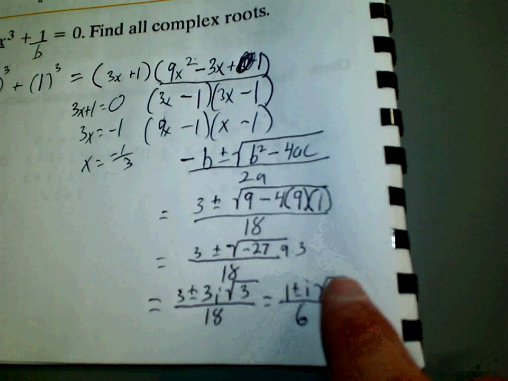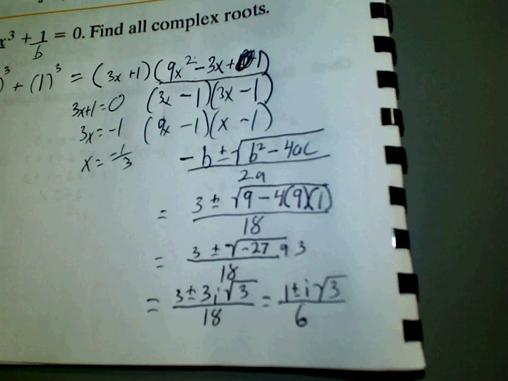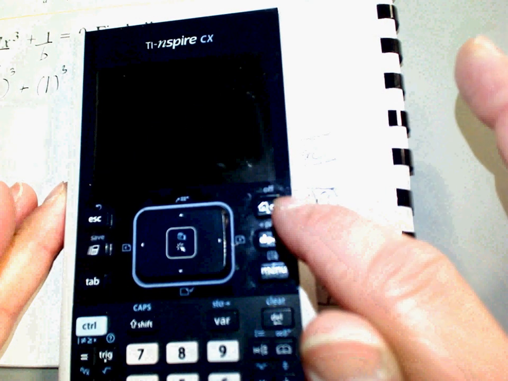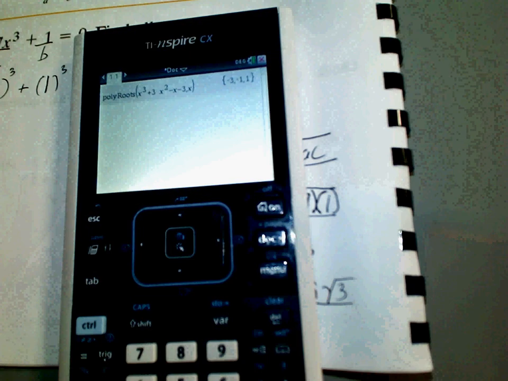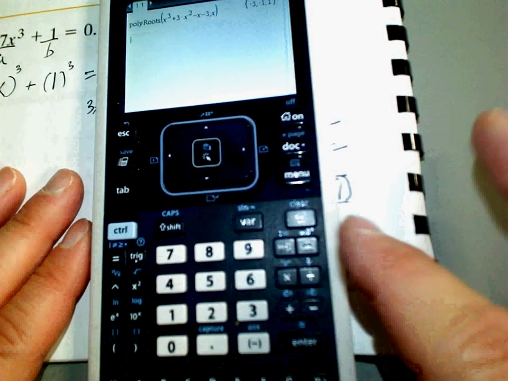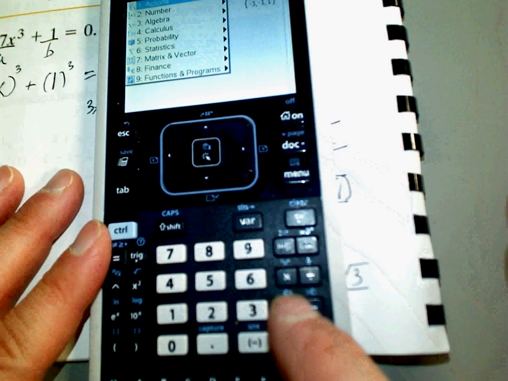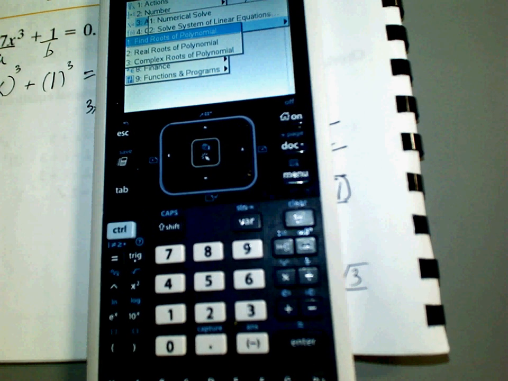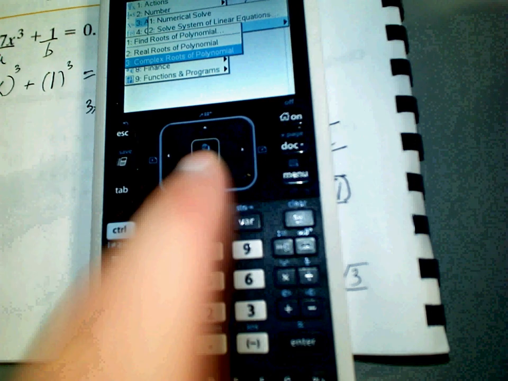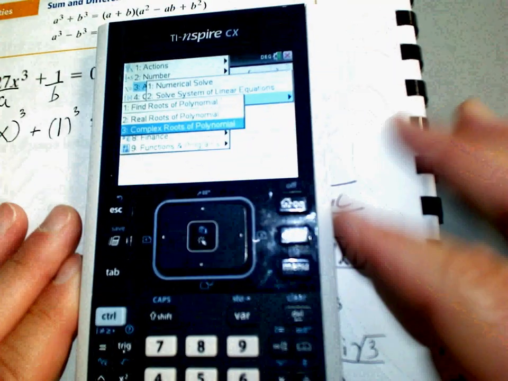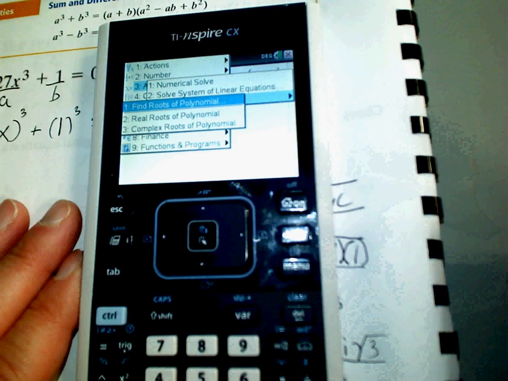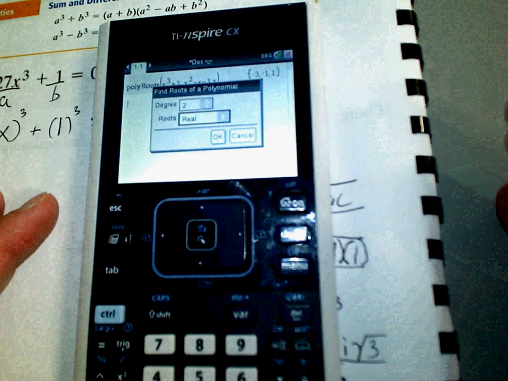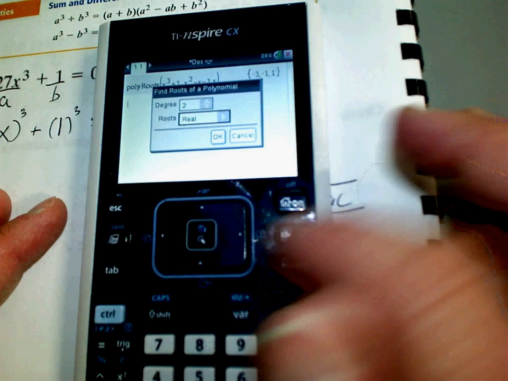What does that look like if you were to put it into your calculator? Let me show you. All right, so let's go to menu, algebra, polytools. Complex roots. If I did just find roots, it's going to ask for real or imaginary, or complex.